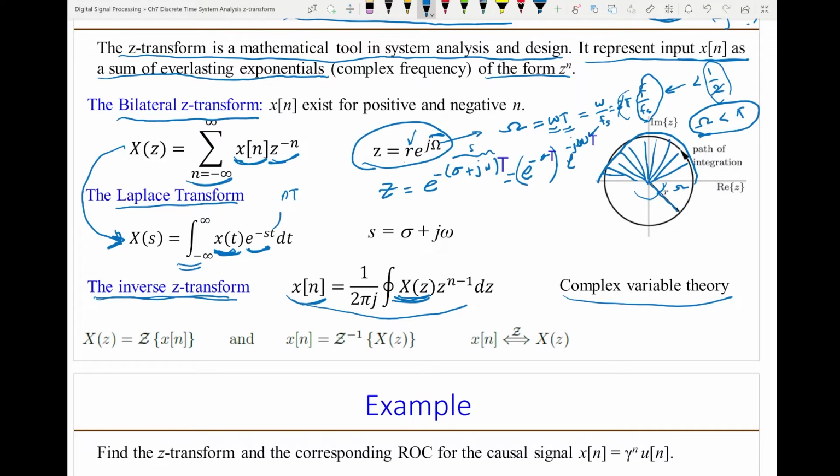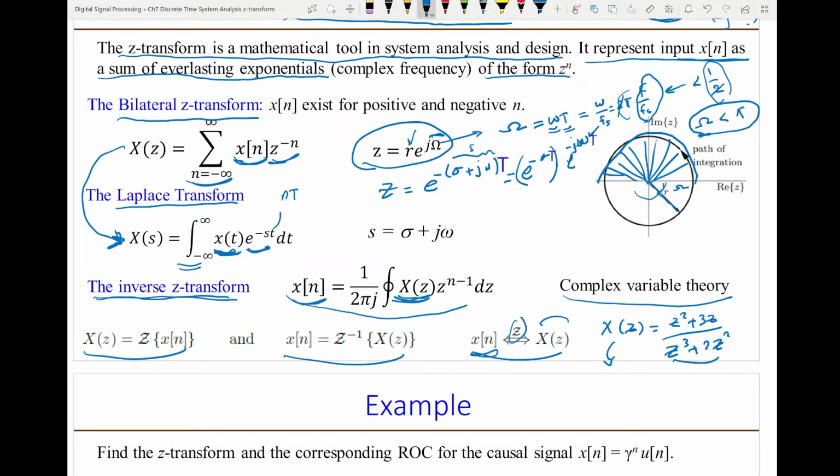We will do the partial fraction expansion. So I may have X of z that looks like z squared plus 3z over z cubed plus 2z squared. So then I do partial fraction expansion, and then I use the table to find the inverse Z transform. And this is the notation we will be using in the lecture. That's x of n, Z transform, I get X of z.